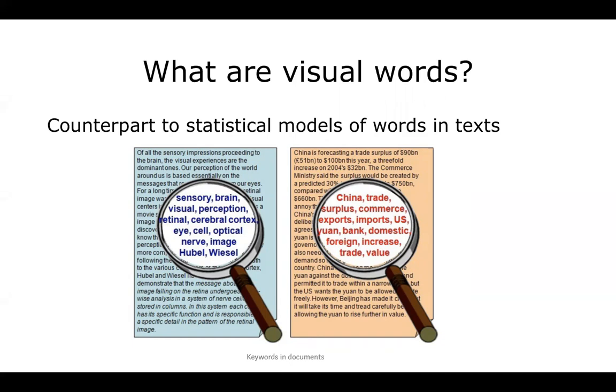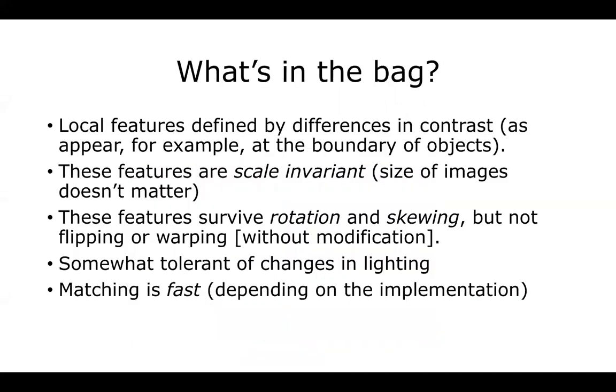So when we come to images, a bag of visual words consists of so-called local features, those little red ellipsoids I showed earlier, defined by differences in contrast. You get them, for example, at the boundary of objects, so an object silhouetted against the sky.